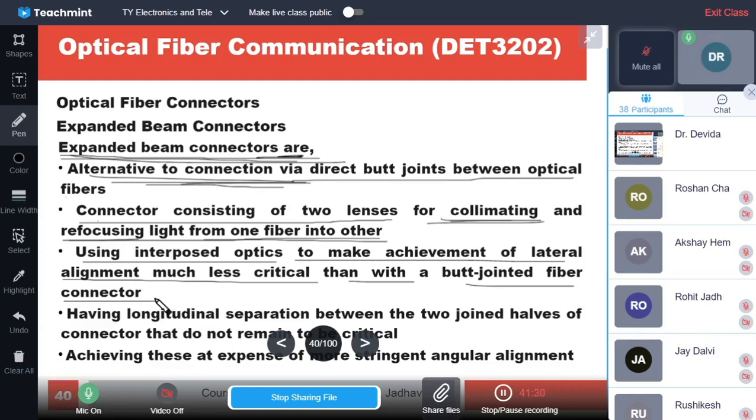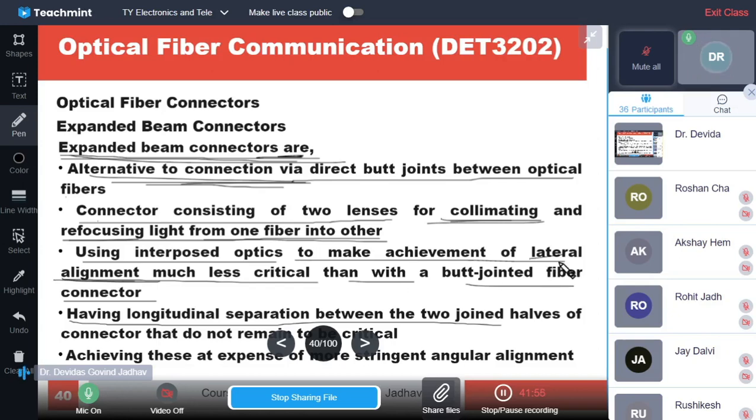The expanded beam connectors have a longitudinal separation between the two joints. Just now we have seen there is a very large separation between the two halves of the connector, and that does not remain critical.